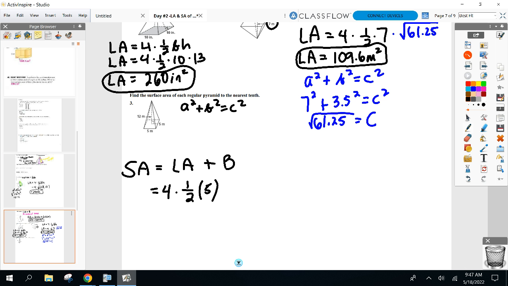What's one side of the right triangle? 12 squared. How about the second side? Good job not doing 5. Half of the base, 2.5, squared equals c squared. Good work, Luke.